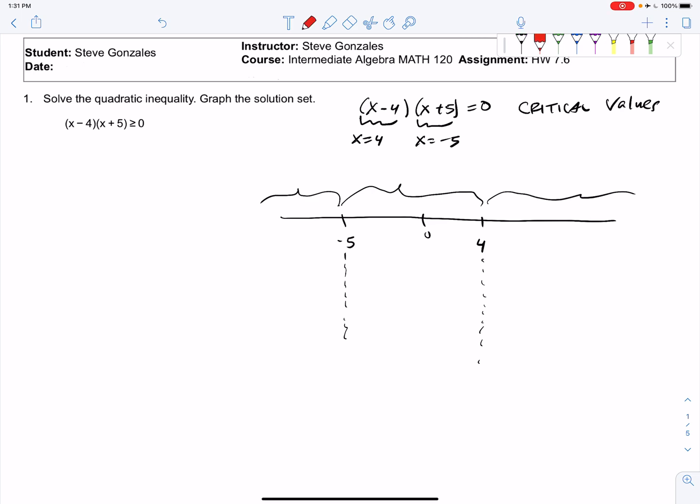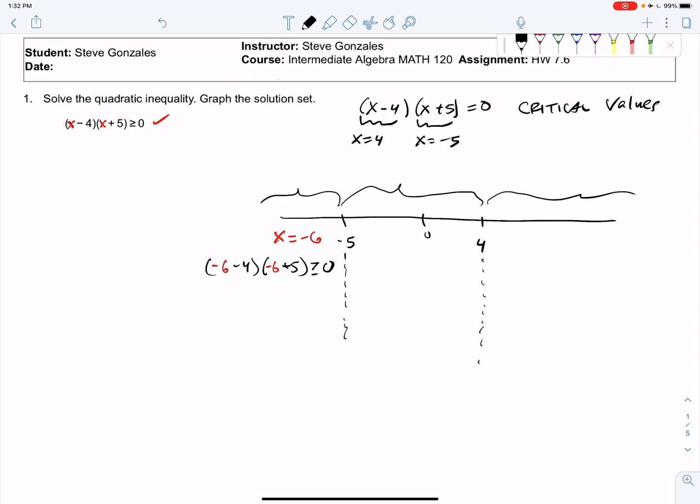So we go ahead and get a test point that's in this region, like x equals negative 6. Now when we test, we go back to our original problem. This original problem is all factored, which is really easy to test with, meaning we could replace our x values with negative 6 and get the exact number: negative 6 minus 4 times the quantity negative 6 plus 5, and answer the question, is that greater than or equal to 0?